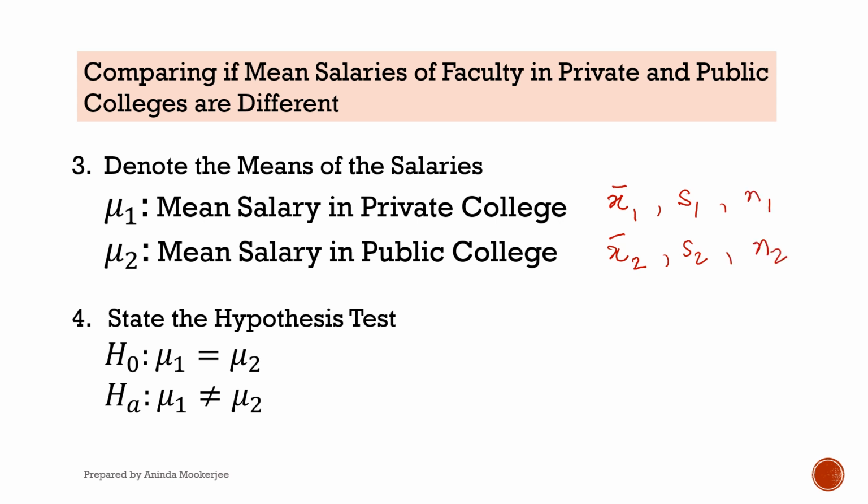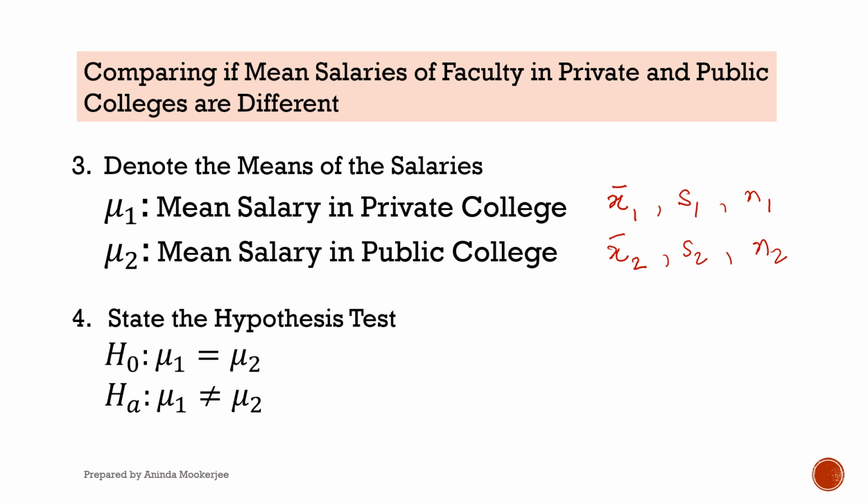So we have to make sure that these values are aligned with the right population. Then number 4 says state the two hypotheses. So H sub 0 colon mu sub 1 equals mu sub 2.